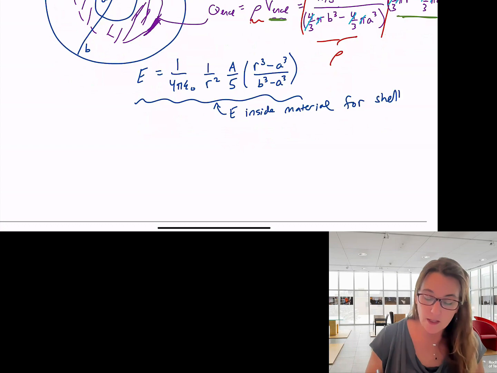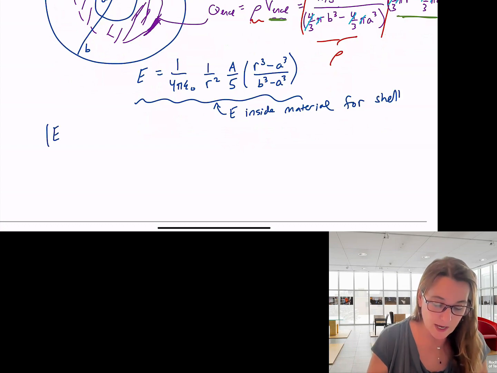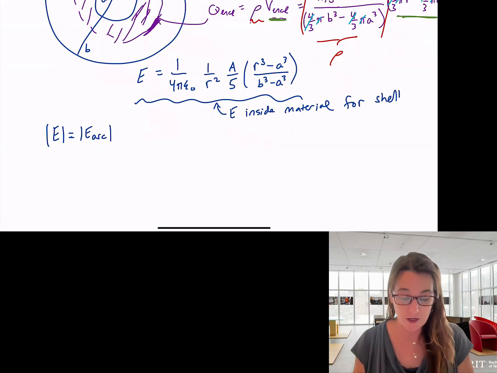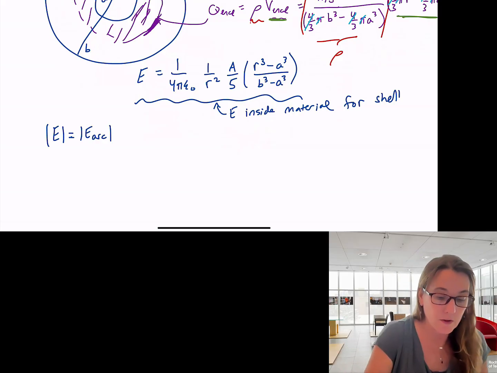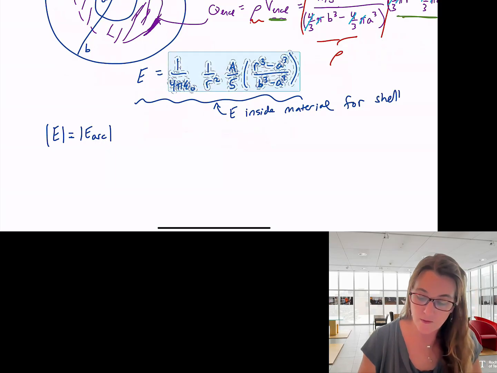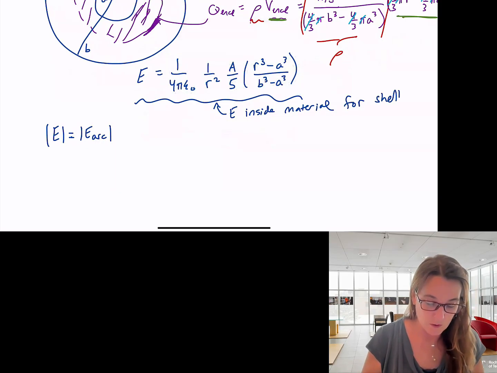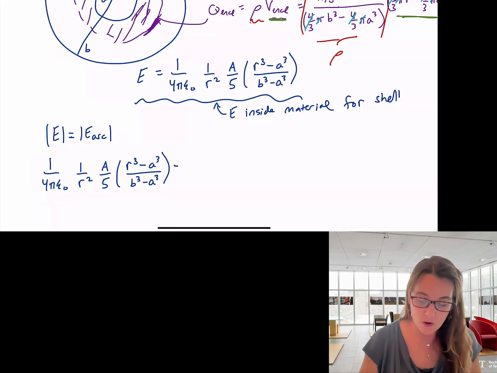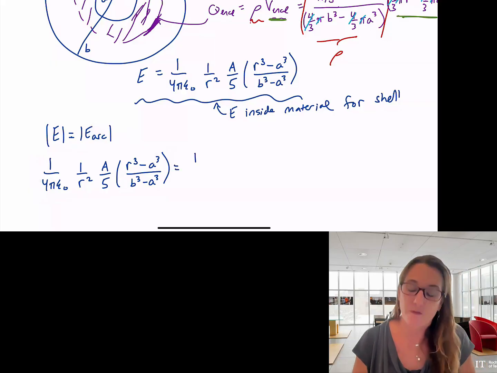And so we can take this and set it again equal to the magnitude of the electric field from the arc. If we take this statement and copy it down, we can set that equal to our previously found arc, which was k a pi over 2 capital R squared.